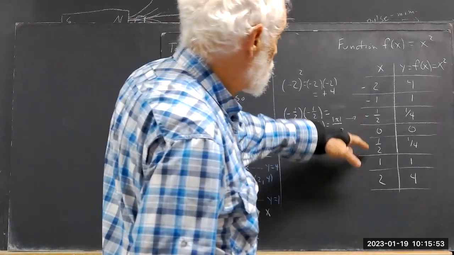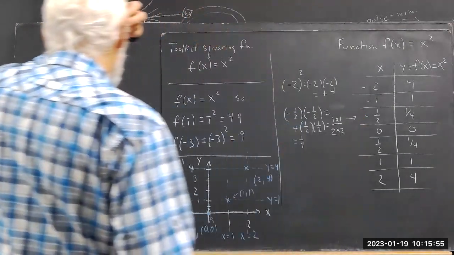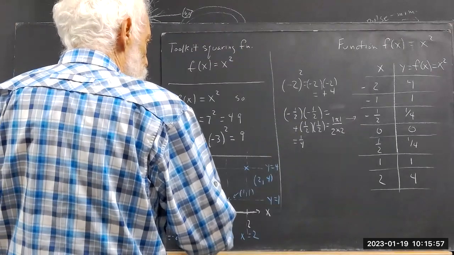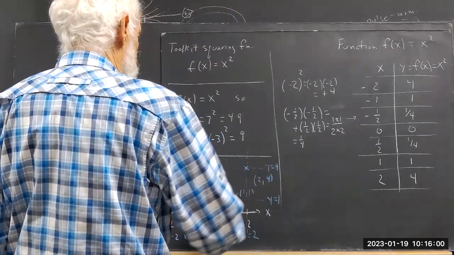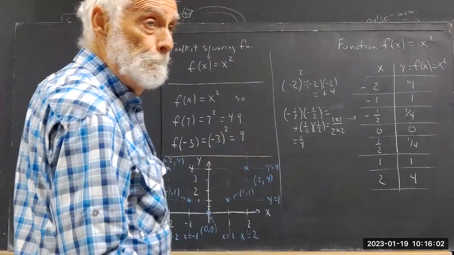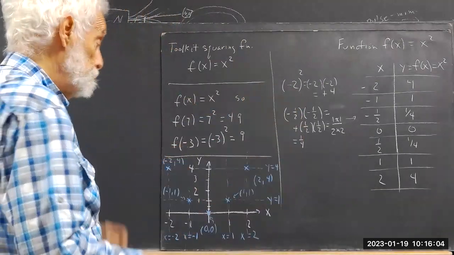Now we've got 2 more points. But you can see that when we connect these with a smooth curve, it's going to do something like this, right? And have a parabolic shape.